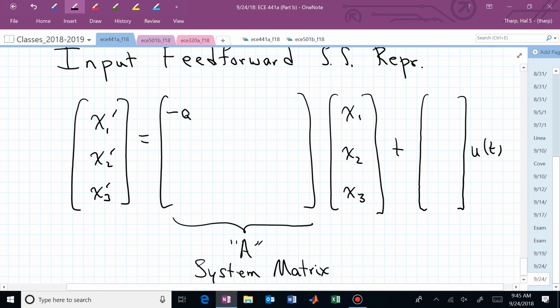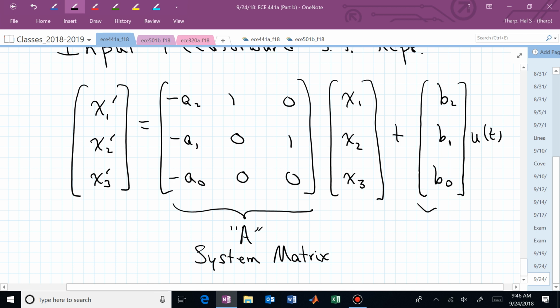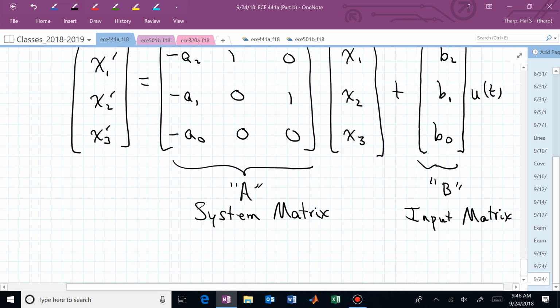We had a minus a sub 2, 1, 0, a minus a sub 1, 0, 1, a minus a sub 0, no more x's, and we had a b sub 2, a b sub 1, and a b sub 0. And here is our input matrix.